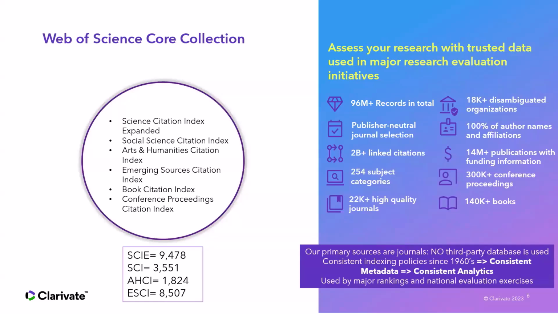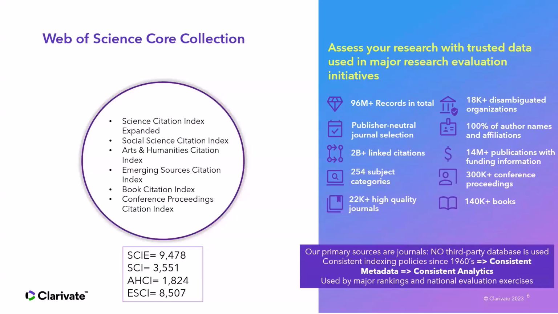Our selection of sources is based purely on a set of criteria that we have established to select journals of highest quality and impact. It doesn't matter who the publisher is or what country the journal comes from, as long as the journal meets our standards, it will be indexed in the Web of Science Core Collection.